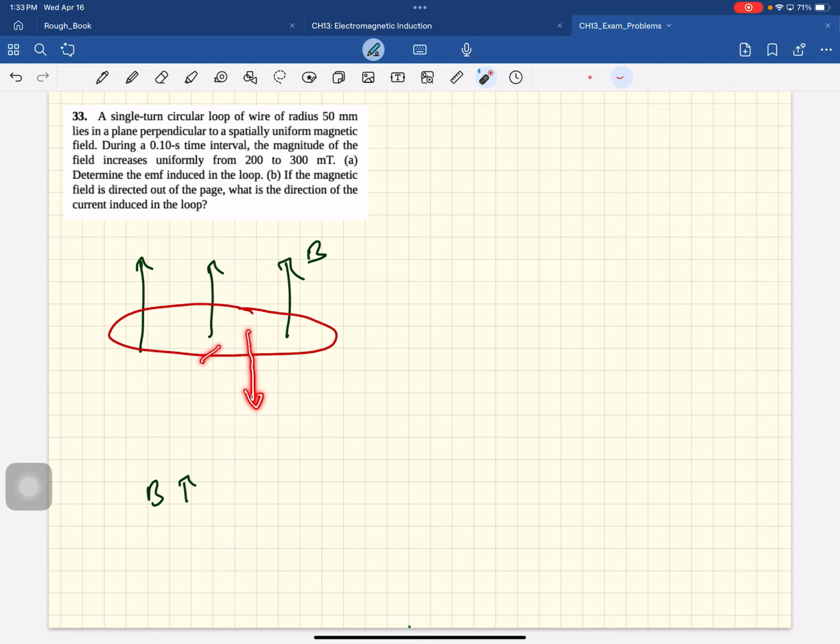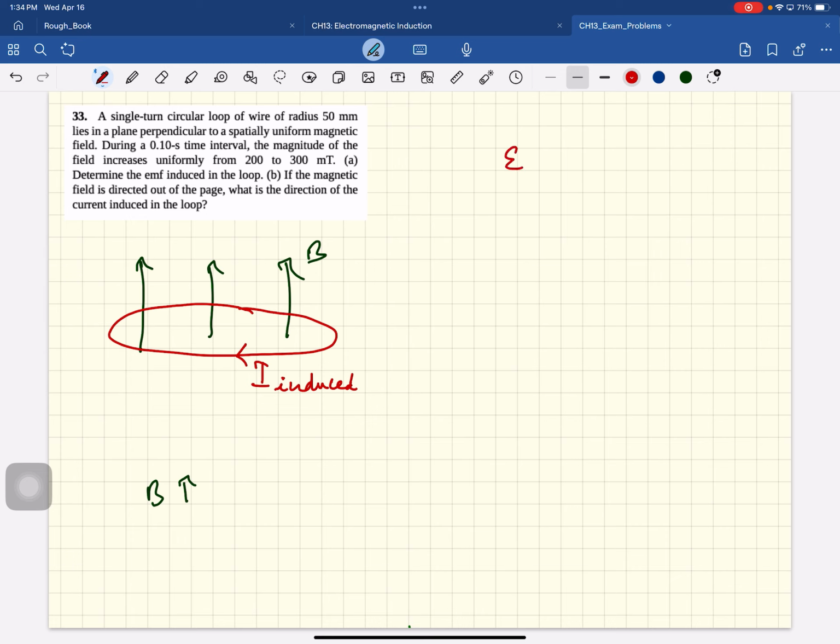So the induced current, I induced, will be in that direction. What is the direction of the induced current?